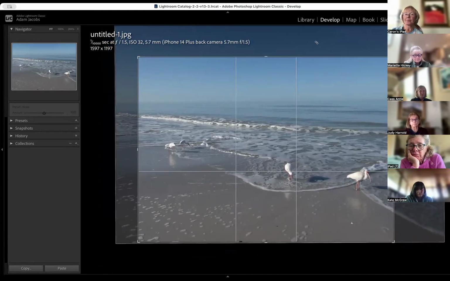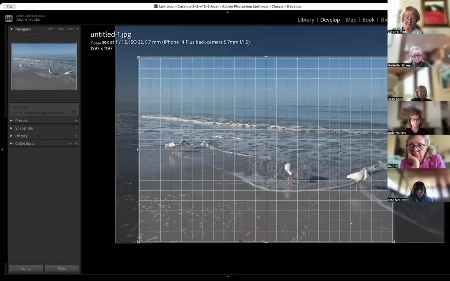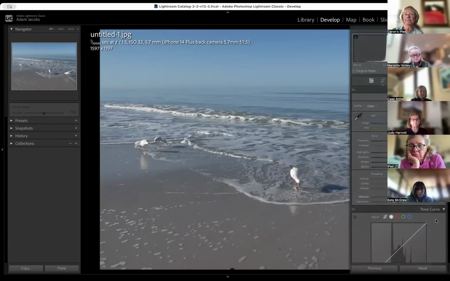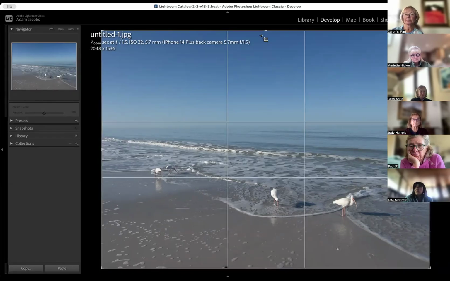The subject of this picture is all about the birds and the ocean and the beach and the surf. I don't need all that negative space at the top, so take a lot of that out. Look at the difference between that and that. In this one, my eye wants to go up to the sky, and I don't want it to go up to the sky.